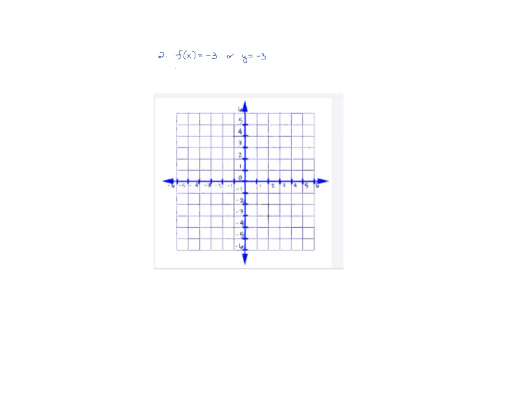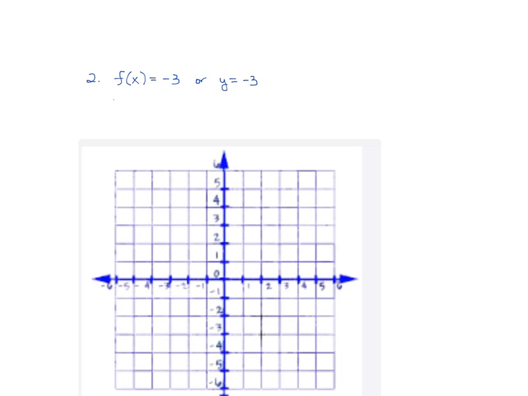All right, whenever you see the function notation equaling a number, or y equals a number, this is always going to produce a horizontal line. So I highly recommend that you memorize that when you see y equals a number, the graph is going to be a horizontal line.